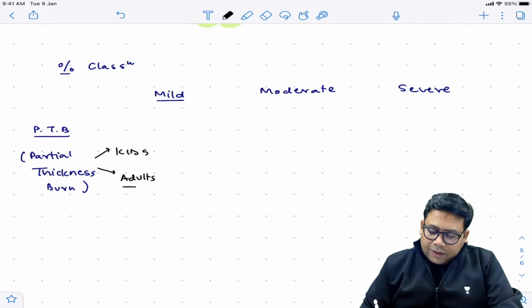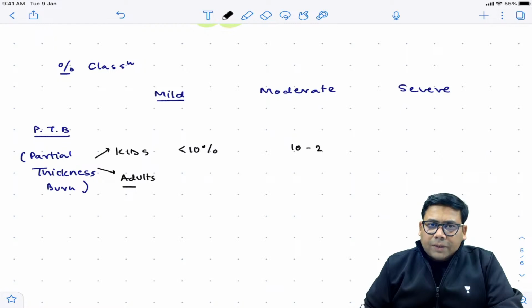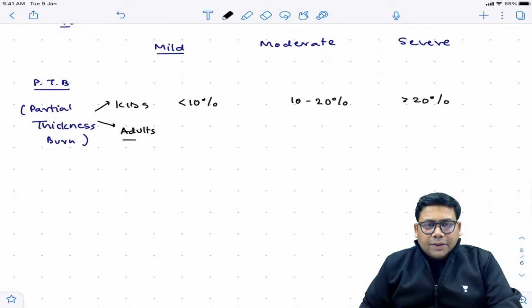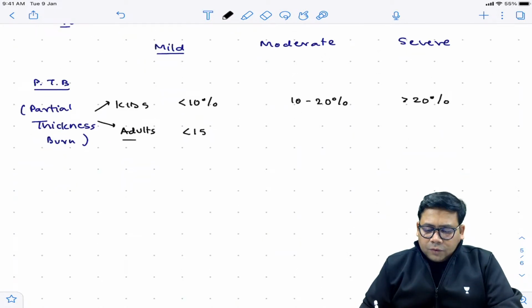For kids, less than 10% is mild, 10 to 20% is moderate, and more than 20% is severe. When you talk about adults, the same value goes to 15%.